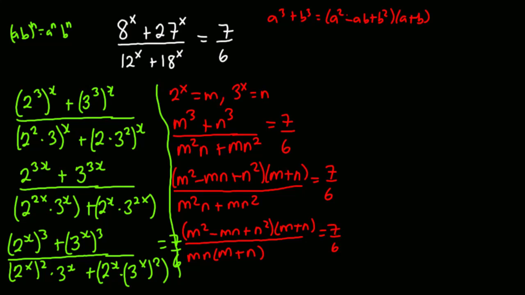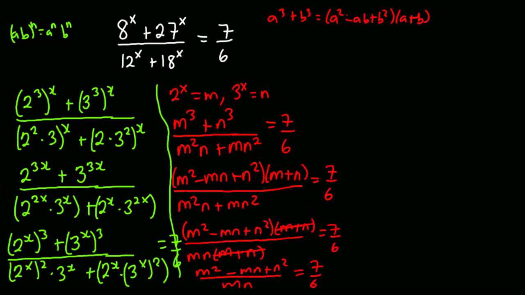So you realize that the m plus n at the numerator cancels the m plus n at the denominator, and we'll be left with (m squared minus mn plus n squared) all divided by mn, which is equal to 7/6.